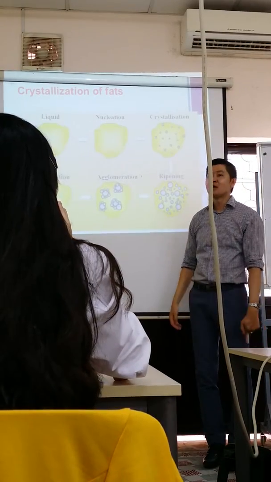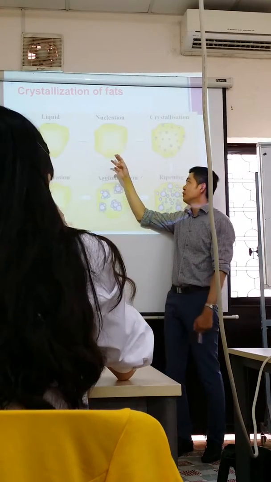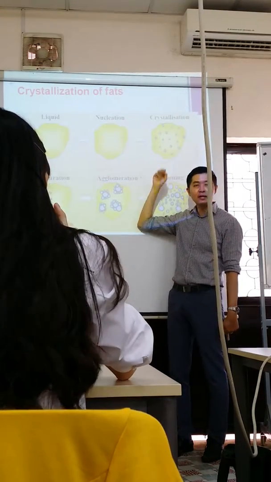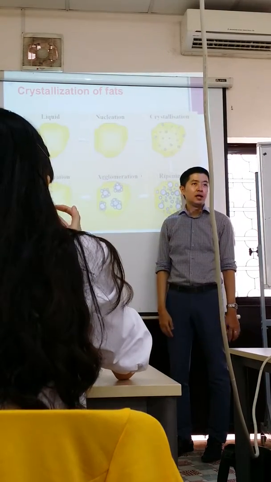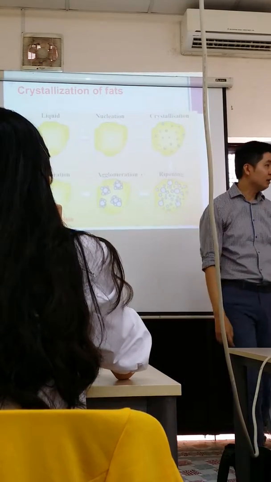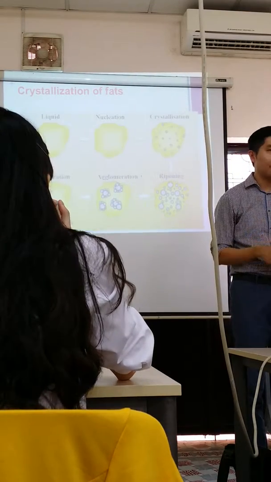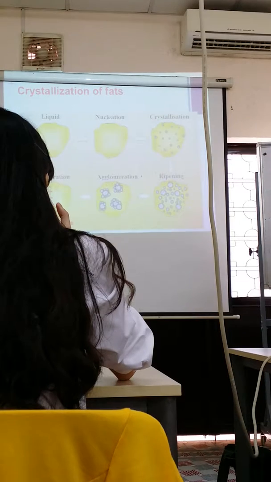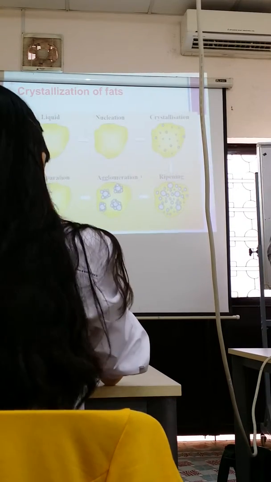So sometimes when your company buys an oil, supposed to go through this process very quickly, sometimes you find out that the nucleation stage is long. Then you start to wonder why it takes such a long time. It should solidify, but it is not yet. Then you must check whether there is presence of DAG, MAG in slightly higher than normal concentration.